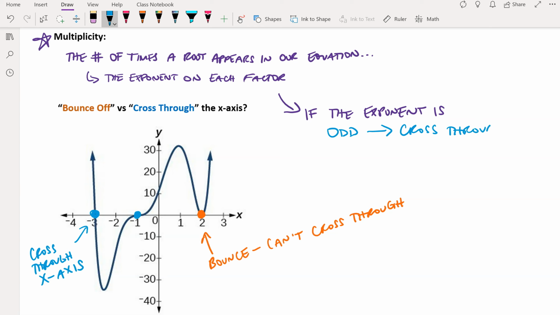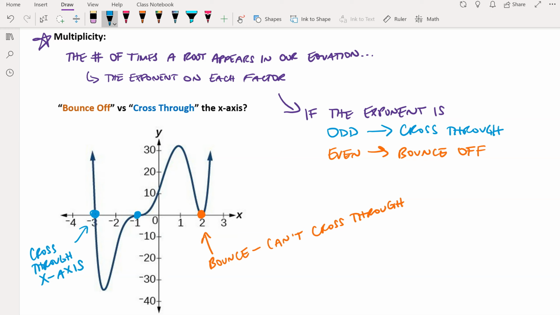As a reminder, odd numbers cannot be divided by 2. If the exponent is even, you bounce off of the x-axis. Okay, so we now know why we care about the exponent, or the multiplicity, of each root.